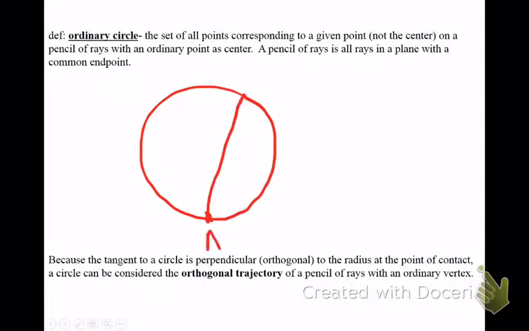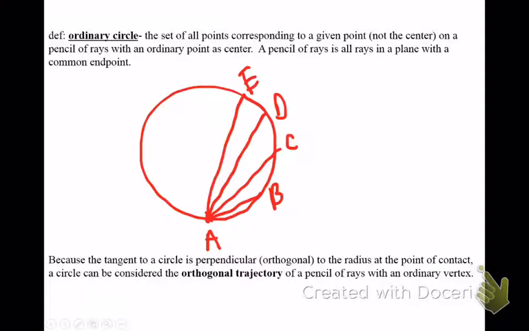It may be A, and we draw that to E, and then we use the same point A, and we've got D, C, and then A and B. Because the tangent to the circle is perpendicular to the radius at the point of contact, a circle can be considered an orthogonal trajectory of a pencil of rays with an ordinary vertex.